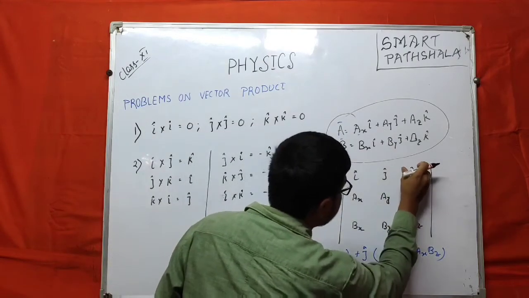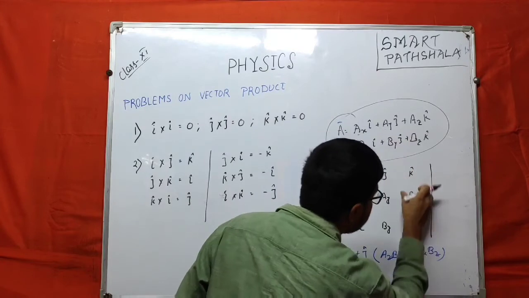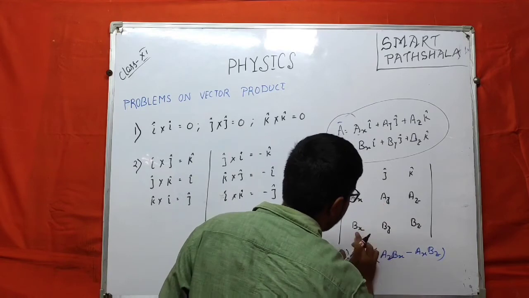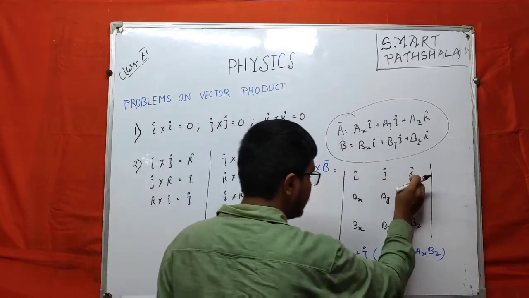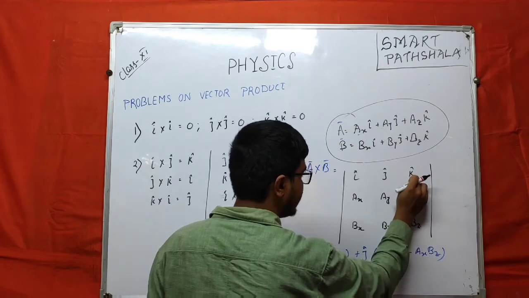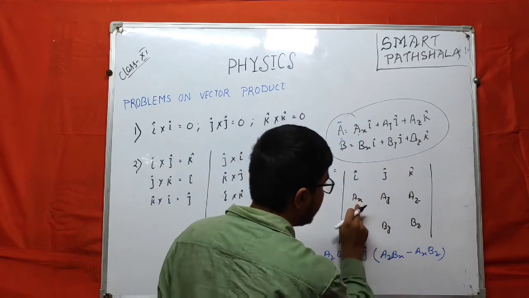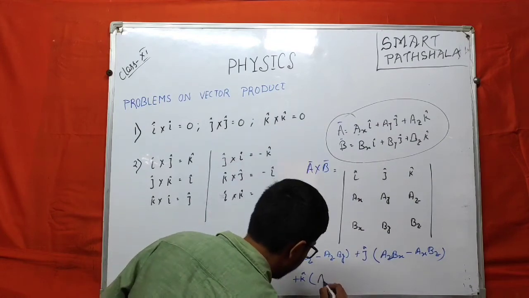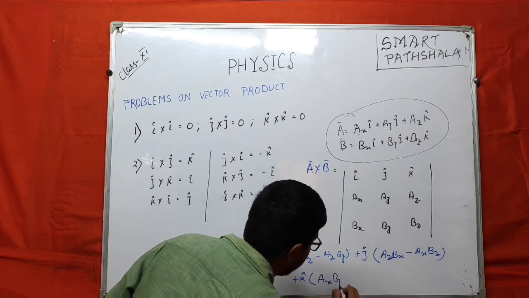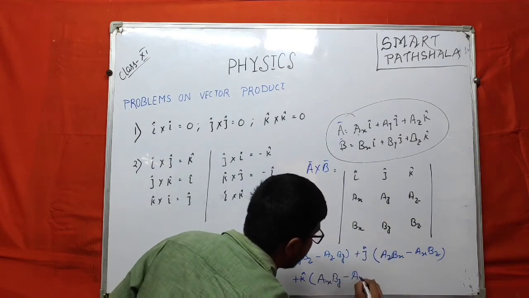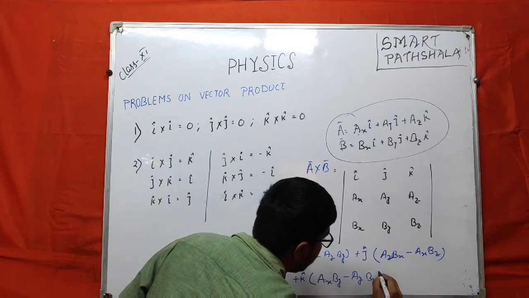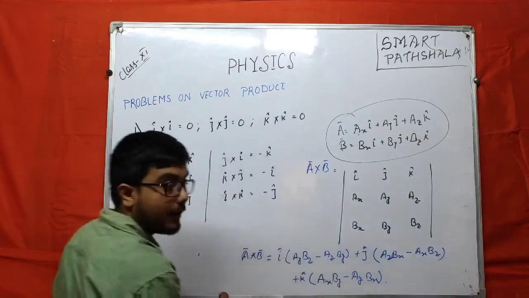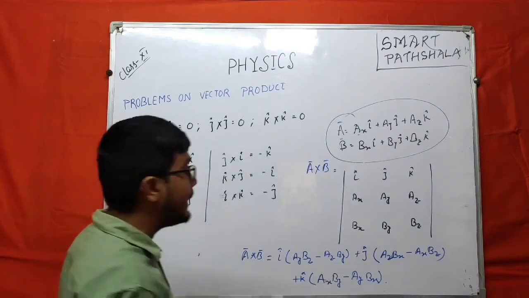In case of K cap, you have to delete this column and this row. Our remaining part is AX, AY, BX, BY. In case of K, you need to start from I cap. That means AX BY minus AY BX. If you remember this format, then our problems will be very easy.